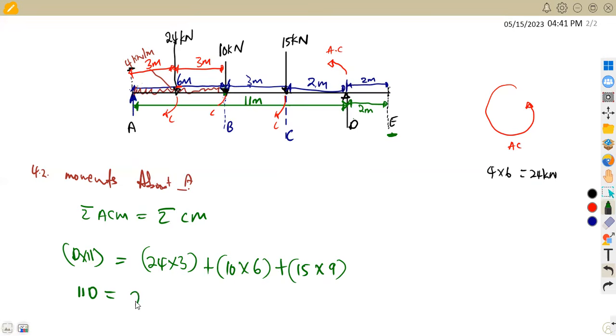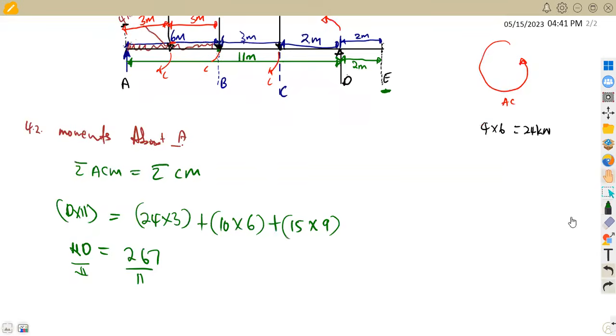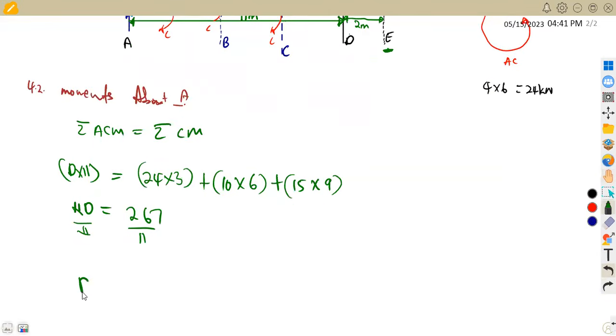Here we are going to obtain 267. Divide by 11 both sides. We are going to obtain the value of D in kilonewton, just like the other part that we had. All right, so our D in this case is going to give us something like 24,273 kilonewton.